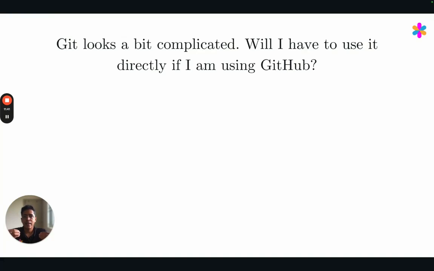If you feel that Git looks complicated because of the large number of terminal commands, do you think you will have to use Git directly if you are using GitHub? No, you don't have to use Git directly. Although in the commands you will be calling Git, you don't have to use it directly. You could use GitHub through GitHub Desktop also. So the answer for this is also no.